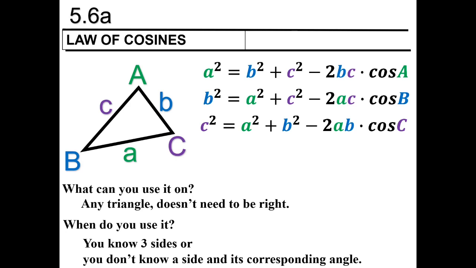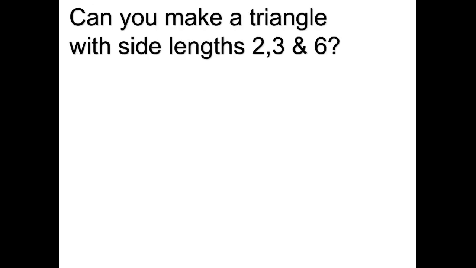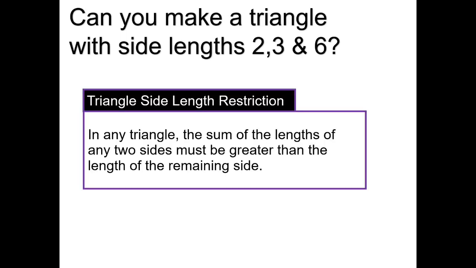We are going to go over a concept that you learned in geometry before we actually use the law of cosines. If you are given three side lengths of a triangle, you learned in geometry this property. To use this property, you add the two smaller sides together and make sure that the sum is bigger than the largest side.